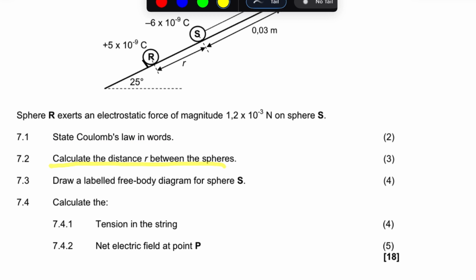7.2, it says calculate the distance between R and S, distance R, that's the distance between the two charges. So we're given the force there, that force.